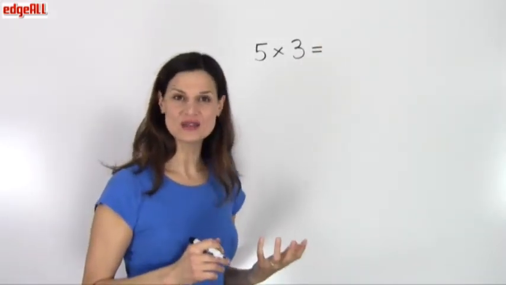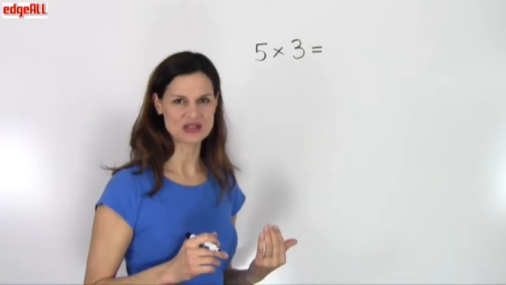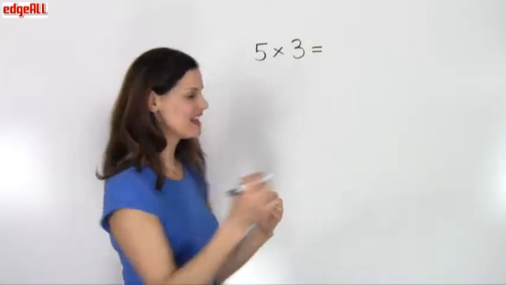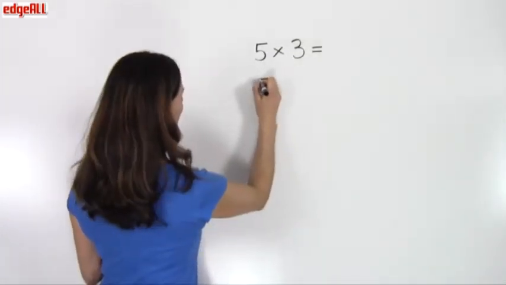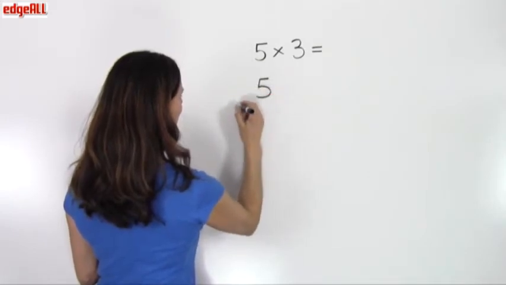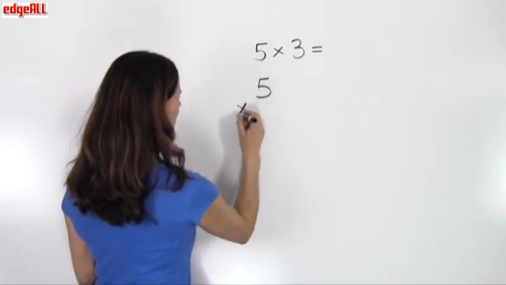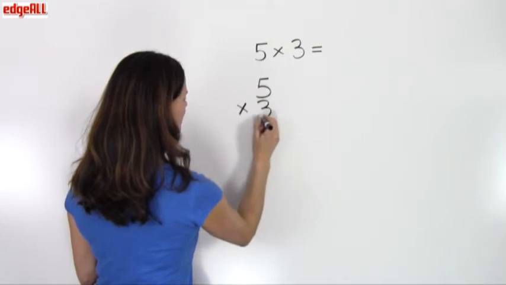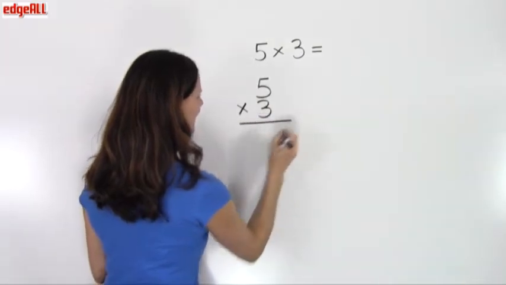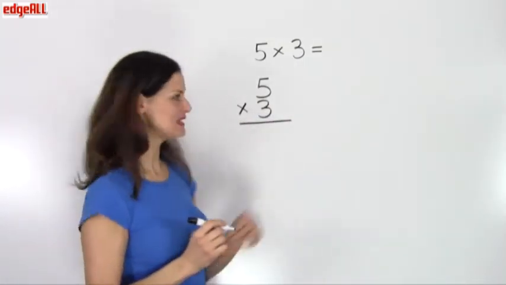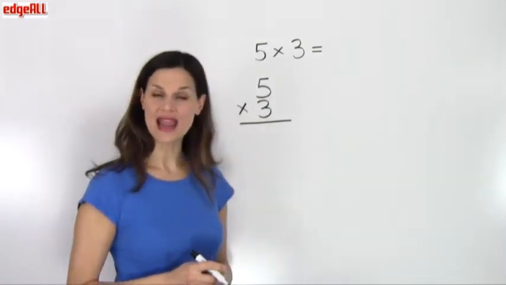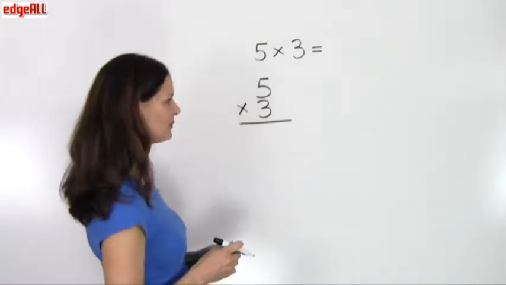Or I can also write my multiplication problems vertically. So I can have my 5 here, and then my multiplication symbol, and my 3 right below it, and then a line underneath. So this is another way of writing a multiplication problem.